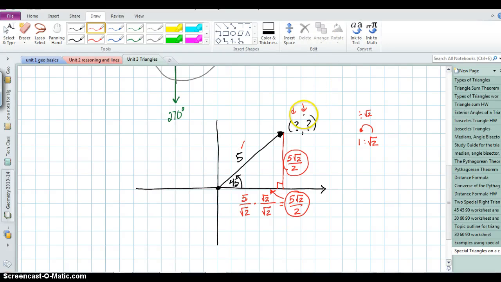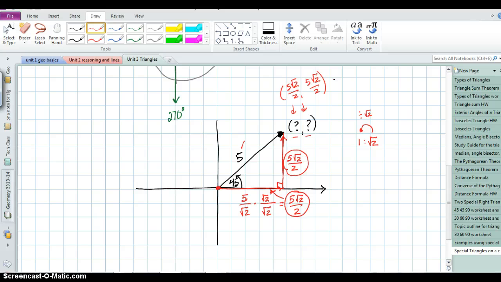Okay, now let's go back to the original question. What are the coordinates of this point right here? If you think about what it takes to plot a point, you always start at 0, 0, and you head over to the right and then up. Because I have found the legs of this triangle, I know my over to the right is 5 rad 2 over 2, and I have to travel up 5 rad 2 over 2, and so those are the coordinates of that point.